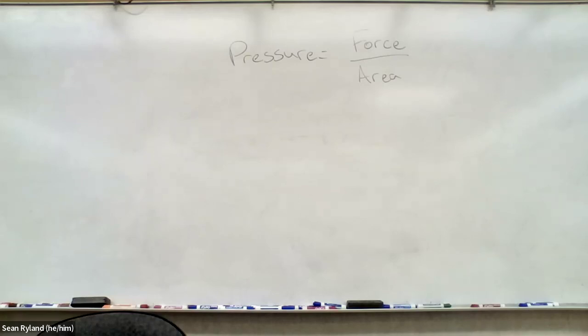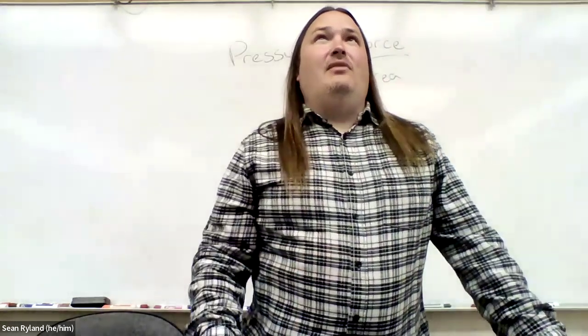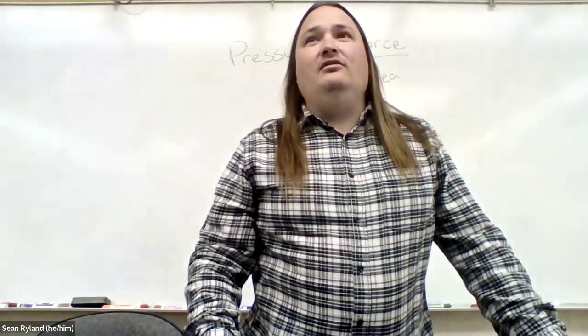So even in deep space, the entire universe, if we consider the entire universe to be one volume, there's still pressure. There's actually measurable atmospheric pressure in deep space. It's really, really small, something along the lines of 10 to the minus 9 atmospheres, but it's there, it's measurable.